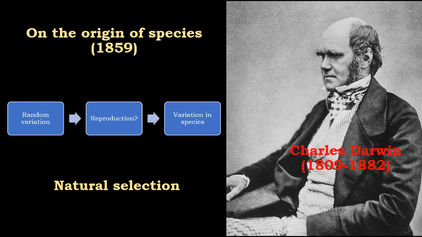In The Origin of Species in 1859, Darwin proposed a revolutionary idea about evolution. Now, evolution was not what was revolutionary. There were many theories of evolution before Charles Darwin. What's revolutionary is the process by which evolution occurs.